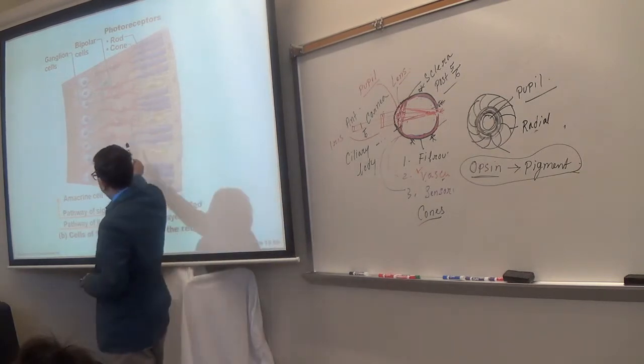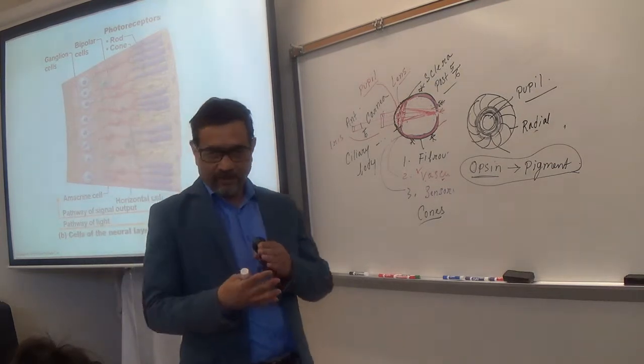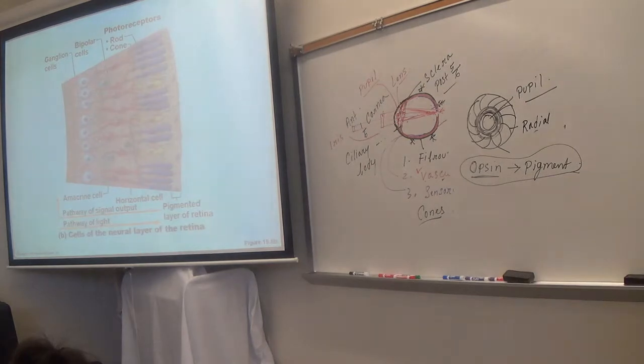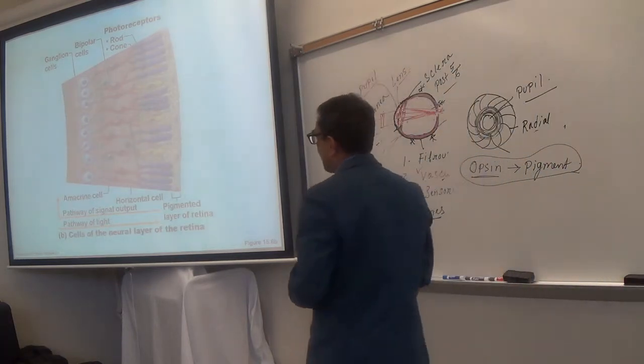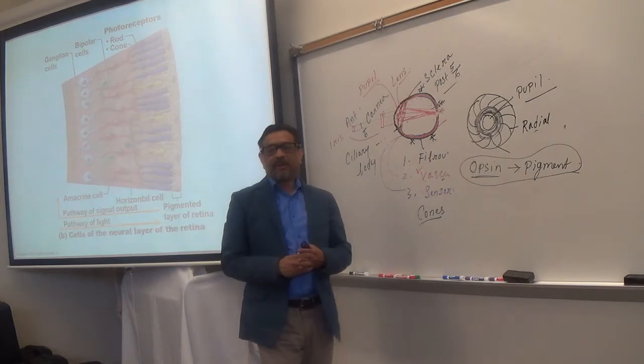And other cells, if I ask you what are the other cells present in the retina besides rods and cones, you have bipolar cells, horizontal cells, amacrine cells, and ganglion cells. Make sure you know all these names.